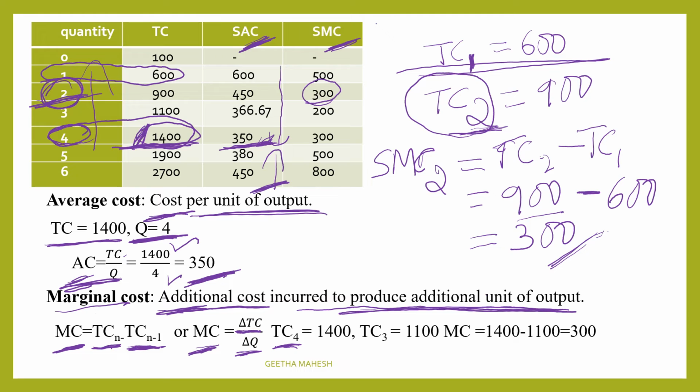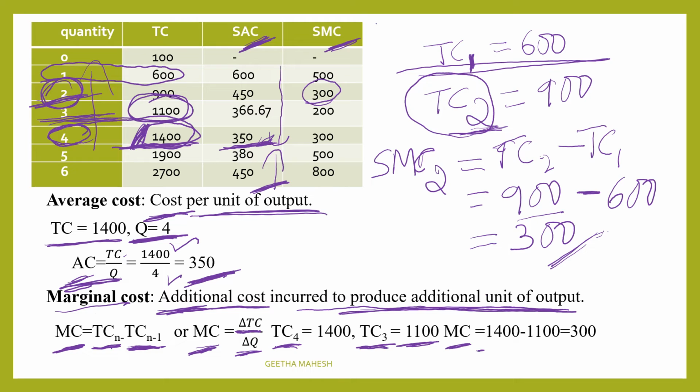Now let us assume that the total cost for the fourth unit is 1400. You can see here, dear students, 1400. To produce the third unit of output, they have incurred 1100. So how will you find the marginal cost? Total cost n minus total cost n minus 1.